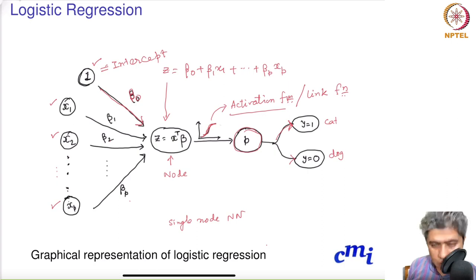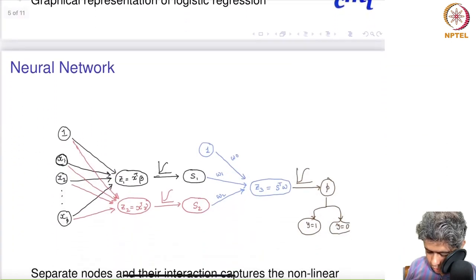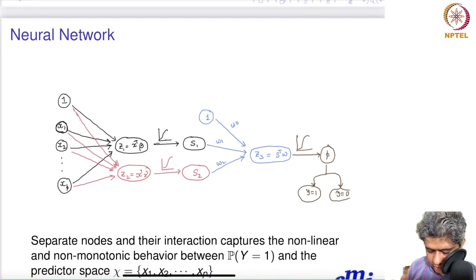Now, can I generalize this situation? I had a single node, this is my node 1. I don't have to just stick to node 1. I can create a new node, this is my node 2.